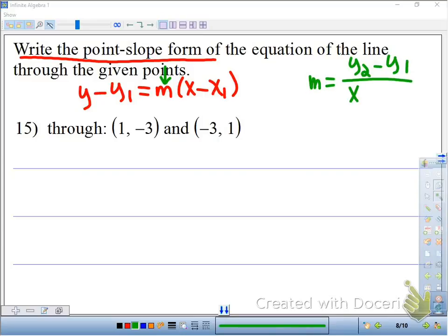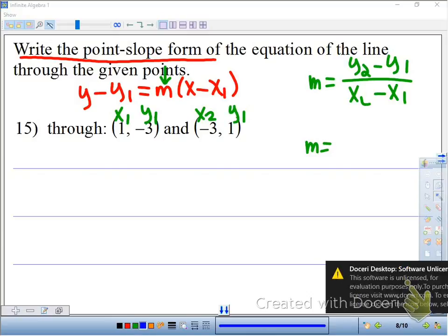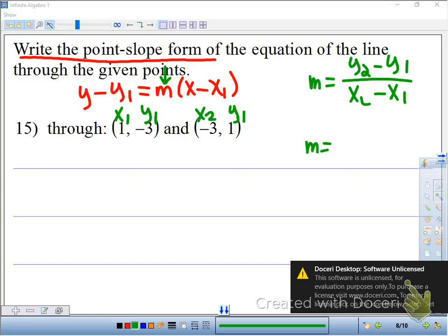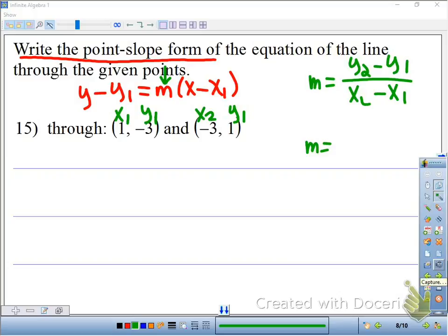And just as a reminder, this is our slope formula. Okay, so I'm going to label what I have over here. This is my x1, y1. This is my x2, y2. Okay, so let's look here.